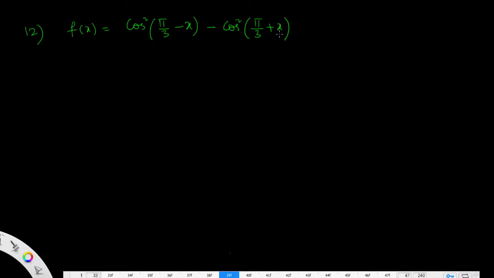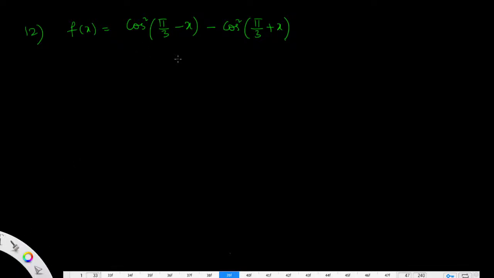Yes, Amin, Sujan, Pranav. So you have to think which formula can be applied to this question. If the formula is applied, then you get the answer directly. Which formula can be applied here?